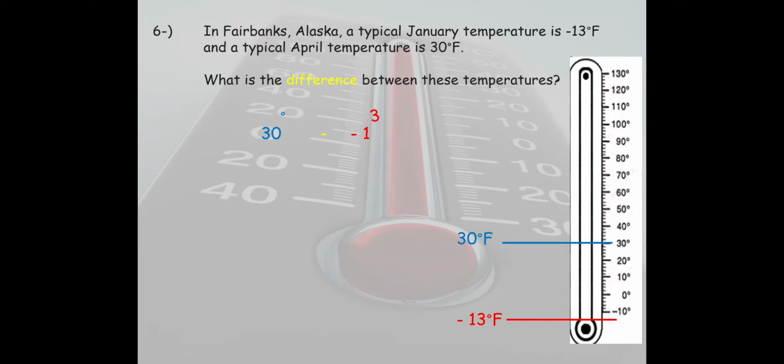So now we have 30 degrees Fahrenheit minus -13 degrees Fahrenheit. Negative makes a positive. So 30 plus 13 gives me 43 degrees Fahrenheit. So the difference between the two temperatures is 43 degrees Fahrenheit, which means it's over like 3 degrees Celsius.